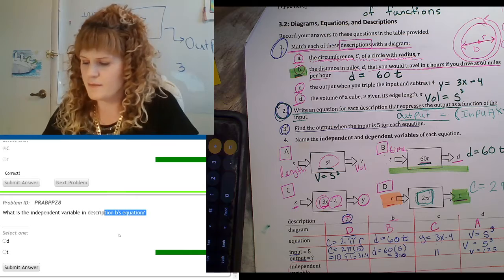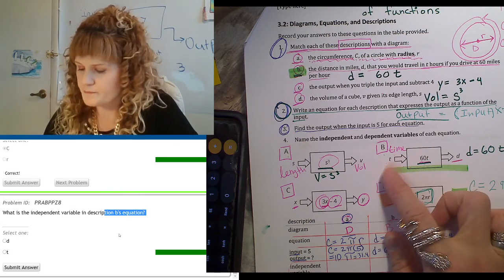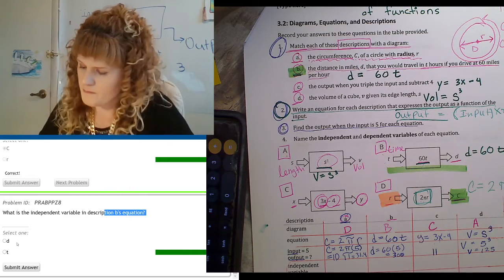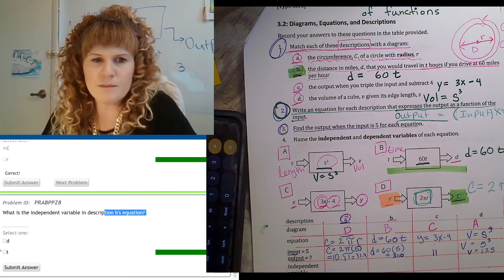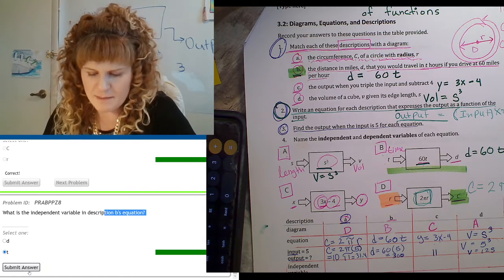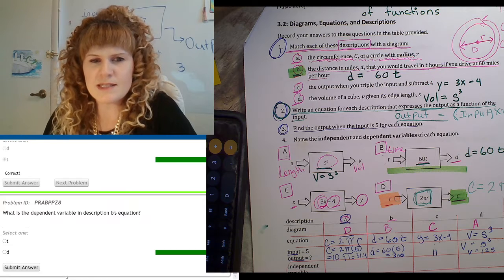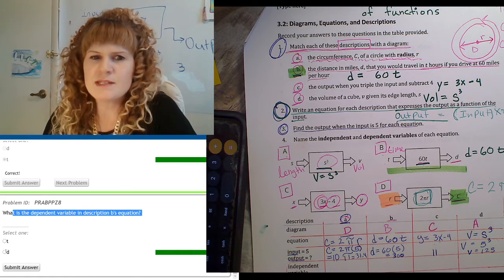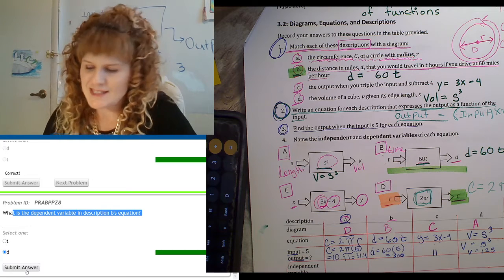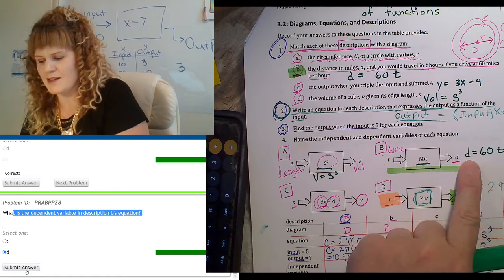The independent variable is the time because that's the input. We're inputting the time in order to calculate the distance. And the dependent variable is the distance because the distance depends on the time.